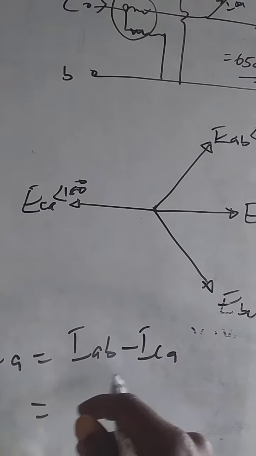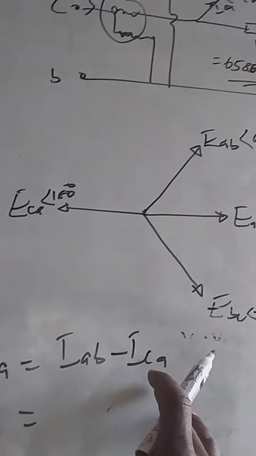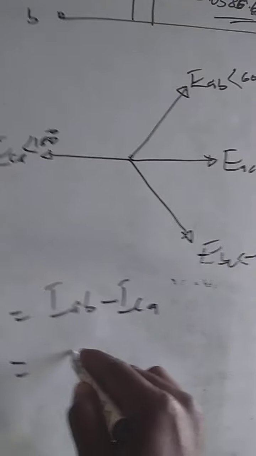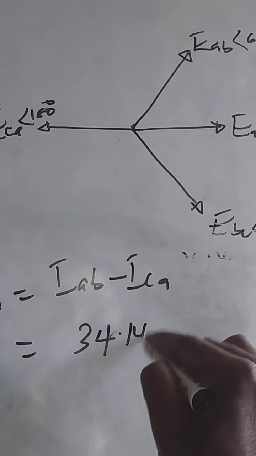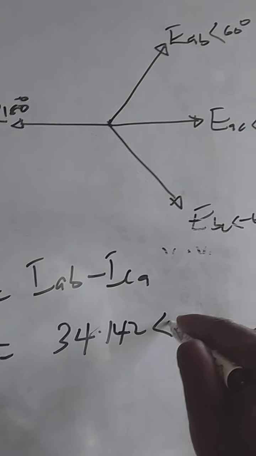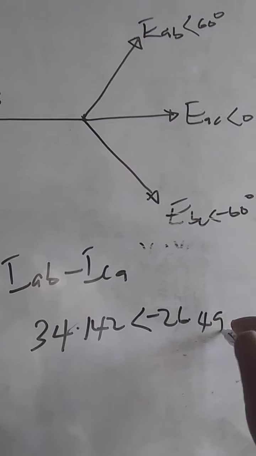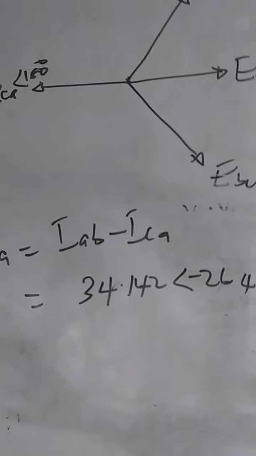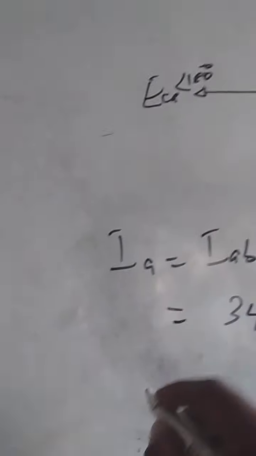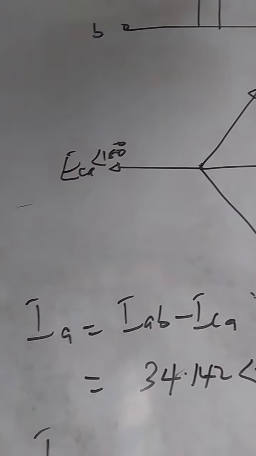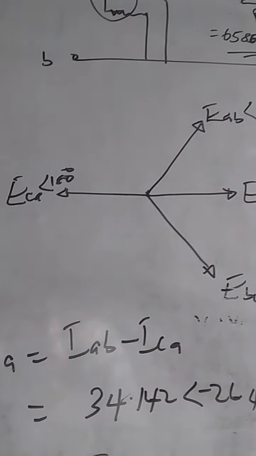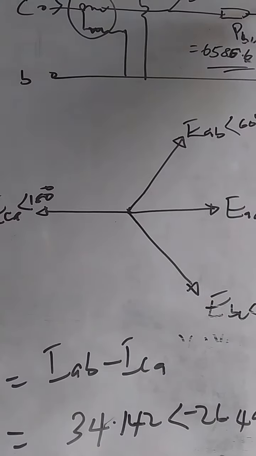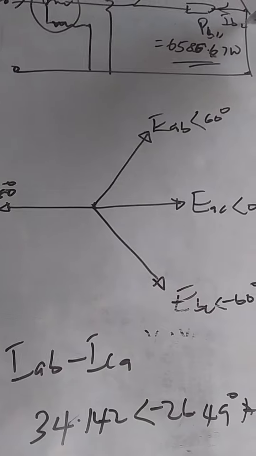Once you subtract your ICA from IAB, you find it to be 34.142 at angle minus 26.49 degrees amps. Then you go ahead and find your IC also, which is the current flowing here, which will be ICA minus IBC, because IBC is the current flowing here.